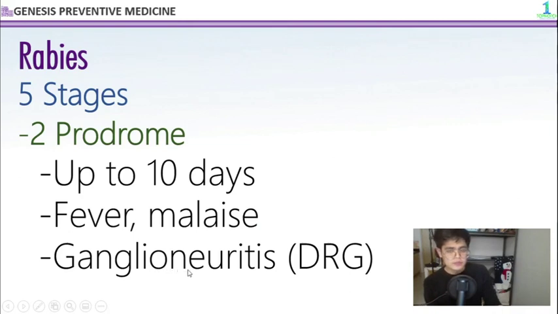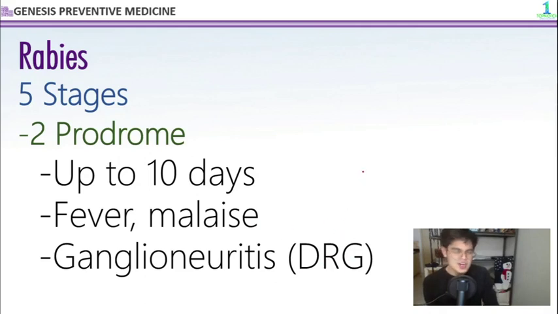So paresthesia, or the tingly feeling at the bite site, is the first rabies-specific symptom that patients may experience. So I guess some anatomic correlates first before going forward.